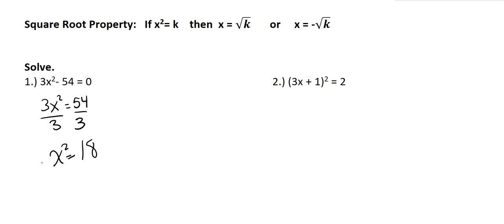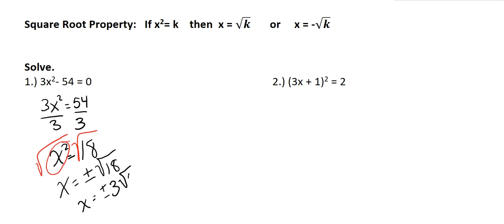Now what I'll do is since the quantity is squared, I can take the square root, and what you have to remember is that it becomes plus or minus square root of 18, and then you're going to simplify it. Plus or minus, this becomes 9 times 2, so it's 3 square root 2.